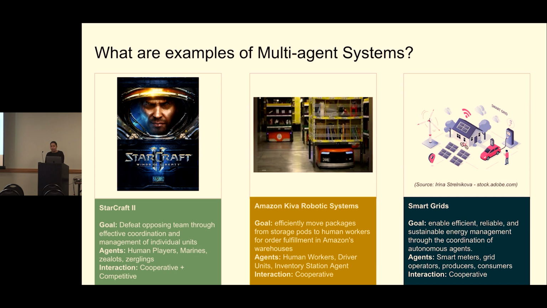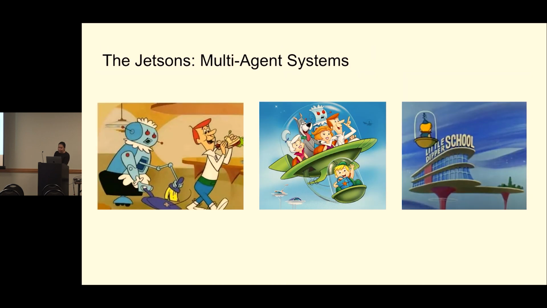And then there are autonomous flying vehicles in this future world. And in that vehicle, you'll see Judy Jetson, I'm trying to remember the characters, Rosie the robot, Astro the dog, and Elroy the little baby in its own pod getting dropped off at school, which I think is pretty neat.